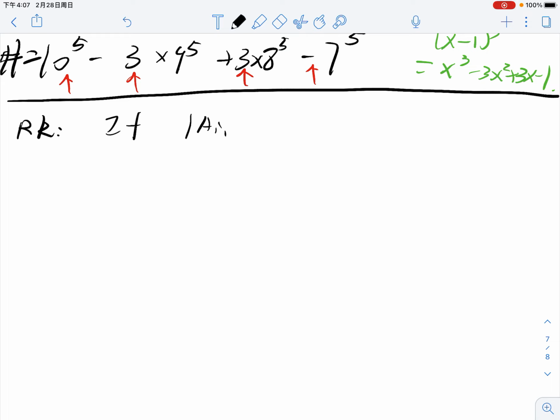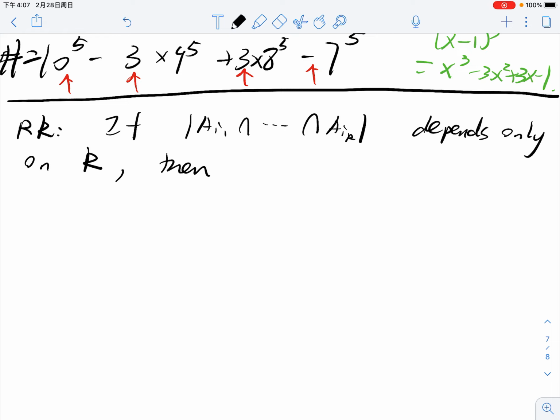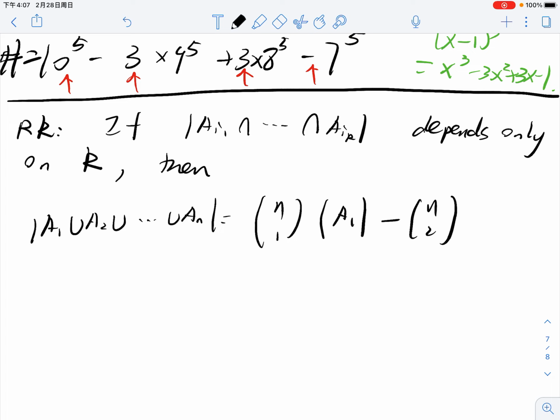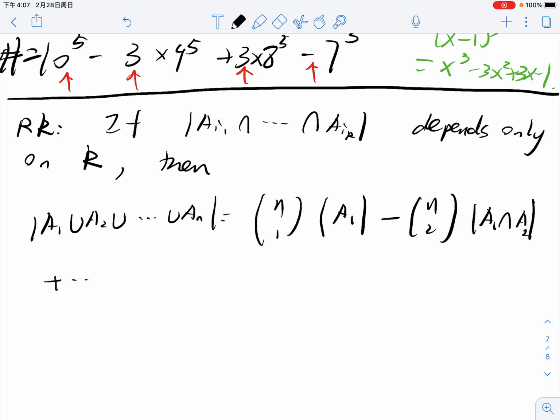If the cardinality of an intersection depends only on the number of sets appearing in the intersection, then the formula can be largely simplified as following. Okay, so those are binomial coefficients.